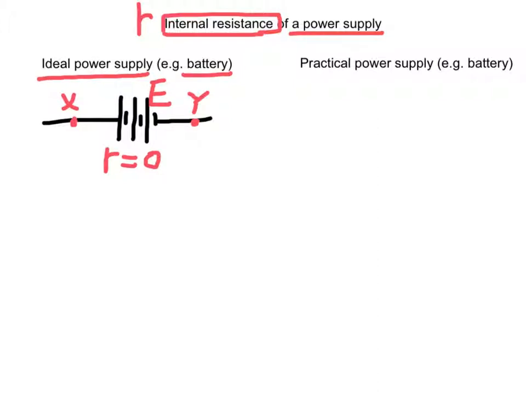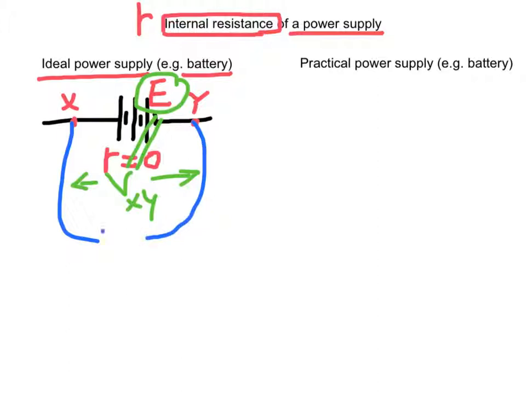In this case, the terminal voltage across the battery Vxy is equal to the EMF of the battery. That means if we use a voltmeter to measure the voltage across the battery, the voltmeter reading would become the EMF of the battery.